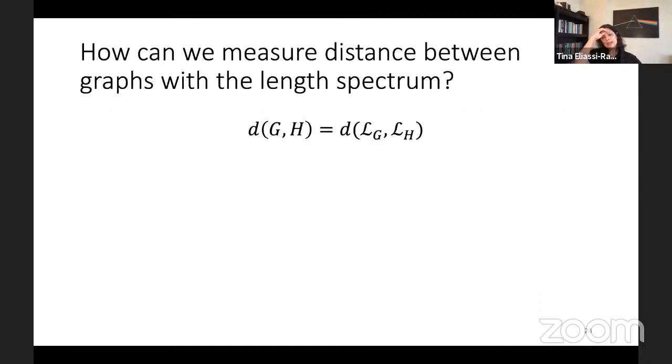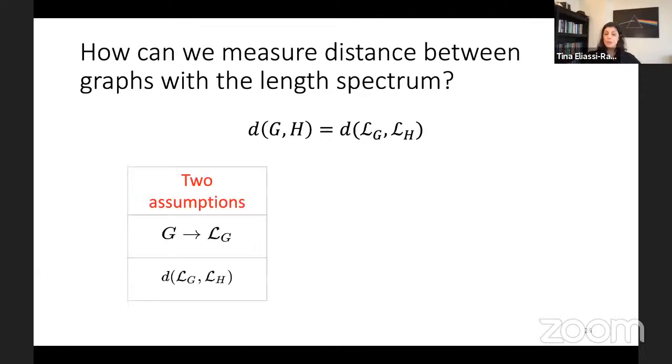Okay, so now what am I assuming? I'm assuming that if you give me a graph, I can measure its length spectrum, and that if I take distances of length spectra, that is a good distance measure between the graphs. The reason I say that is because of that Constantin-Lafont theorem that we were able to adapt for graphs.